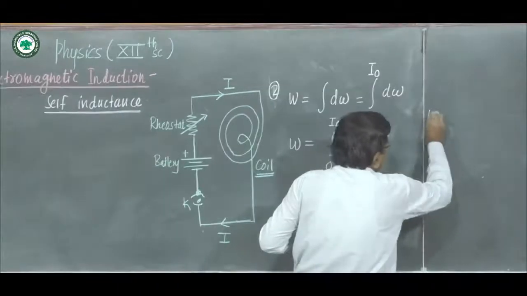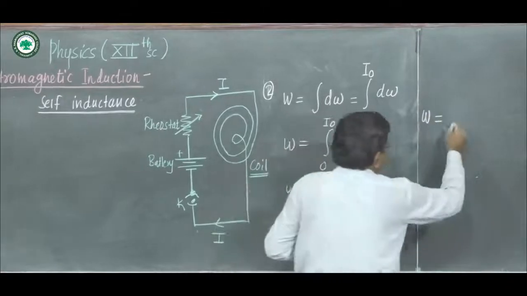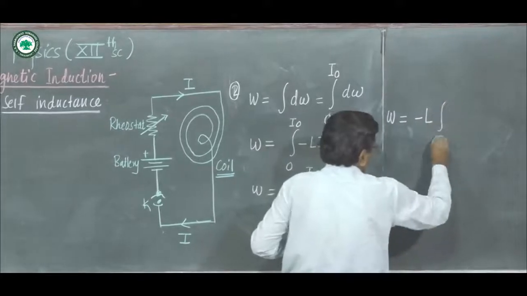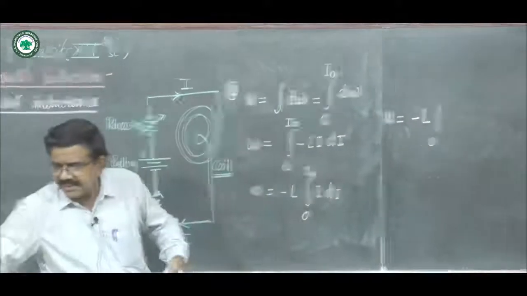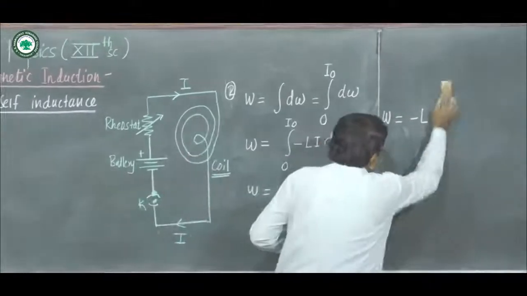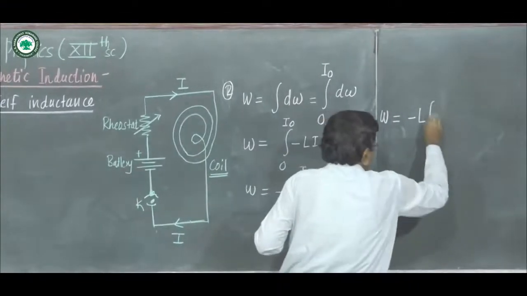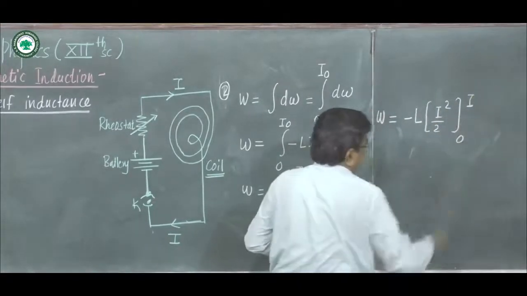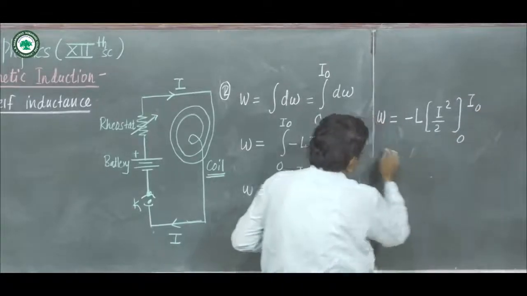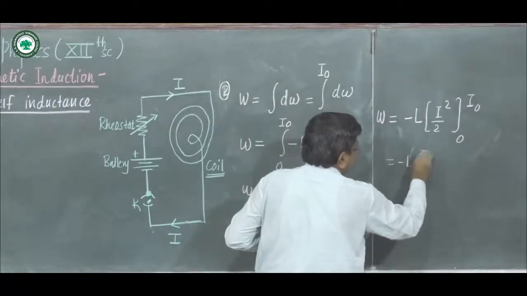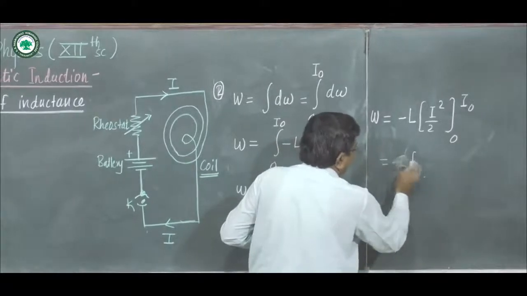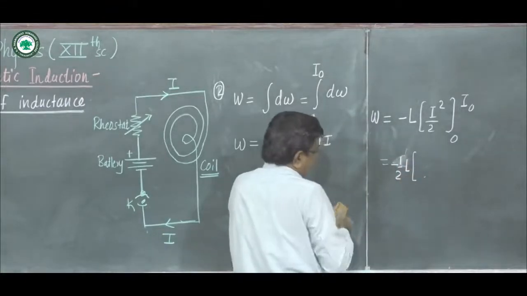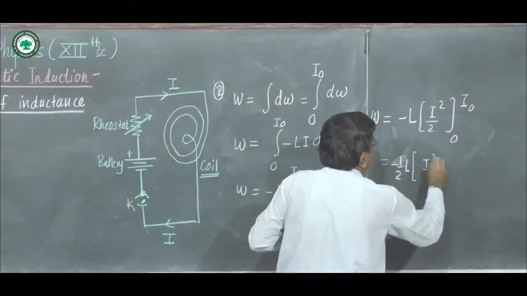Hence this work done is minus L times I square upon 2 from 0 to I0. So this is nothing but minus 1/2 into L, I square from 0 to I0.